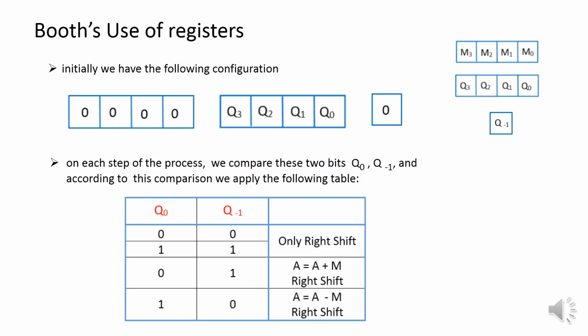And if Q0 and Q-1 are 0, 0 or 1, 1, we only perform a right shift operation. So, based on the comparison of these two bits, we perform either an addition and a right shift, a subtraction and a right shift, or only a right shift operation.